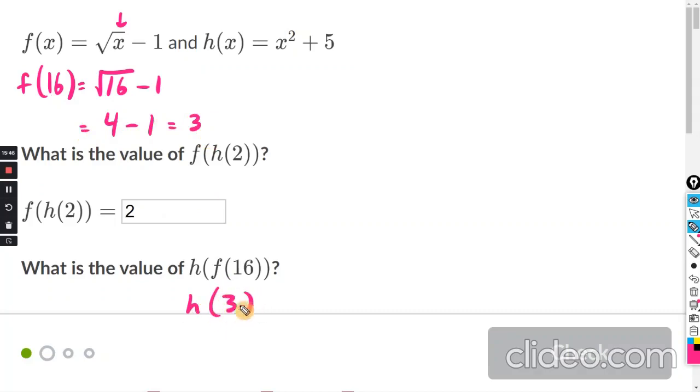And now we're going to find h of 3. Plug in 3 for the h function. So that's going to be 3 squared plus 5. And 9 plus 5 gives us 14. So you just put that in the box.